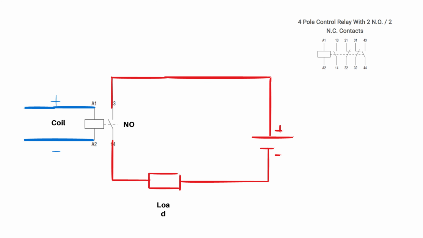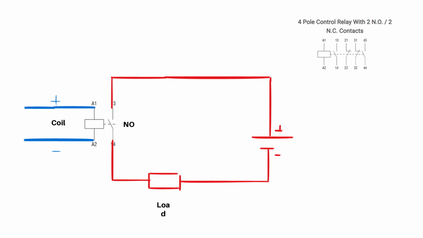Then we have the coil of the relay, which is also fed by its own power source. If you feed this coil, it becomes energized and the contact will close, and then current will be able to flow right round, and the load, whatever it is, will get power and start working. So this is how a relay works. We are using this relay to switch the load on or off.